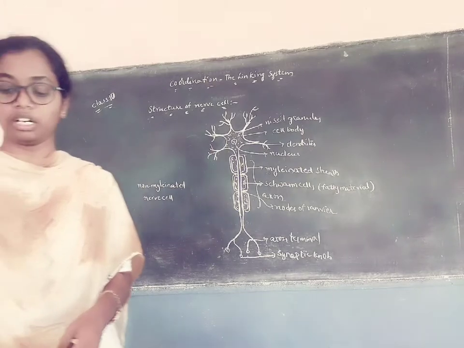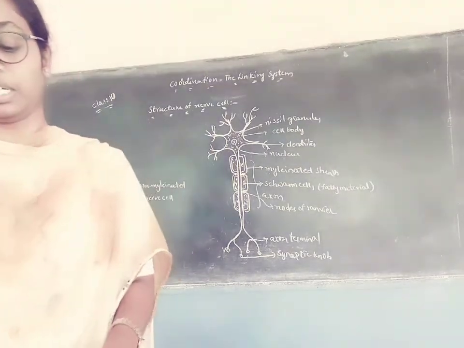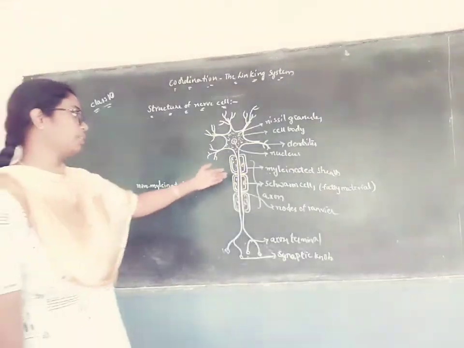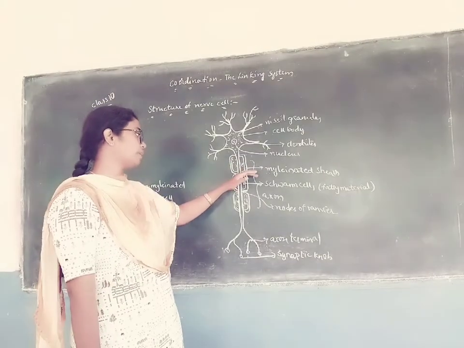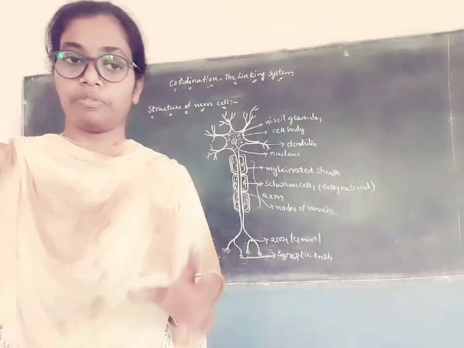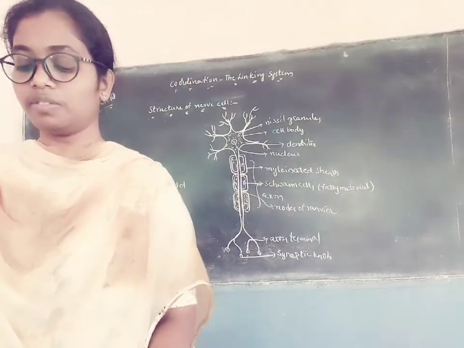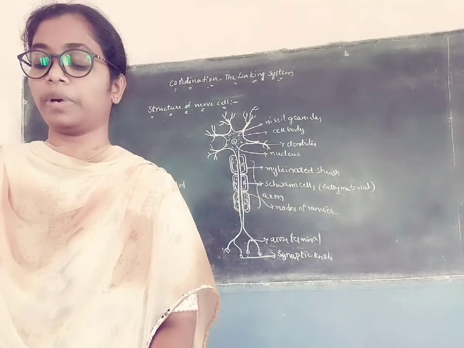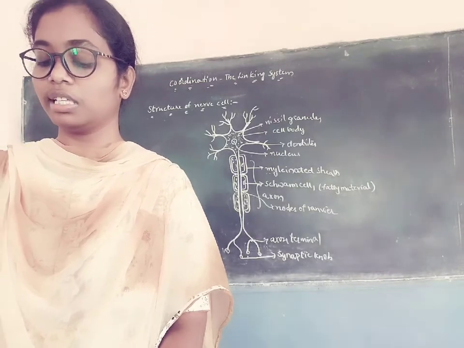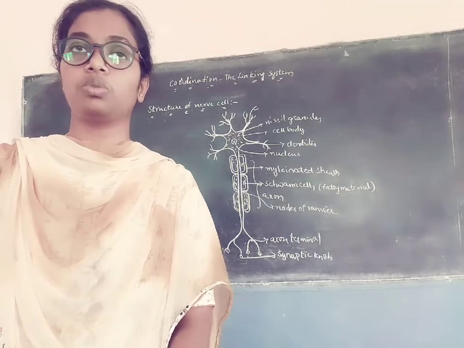The covering also forms a partition between adjacent axons. So this separates adjacent axons from one another. The nerve cell body lies either in our brain or spinal cord, or very close to the spinal cord in a region called the dorsal or ventral root ganglion.